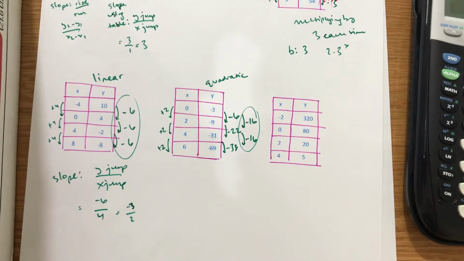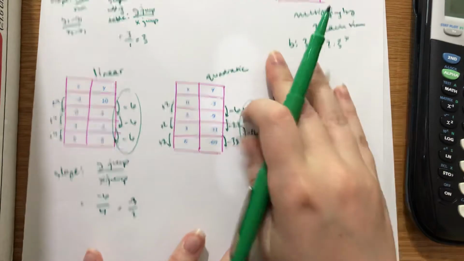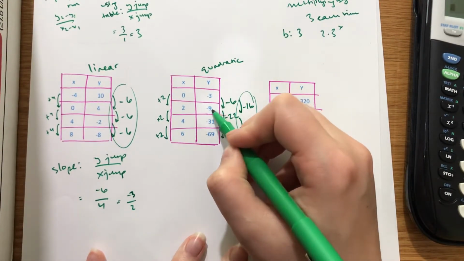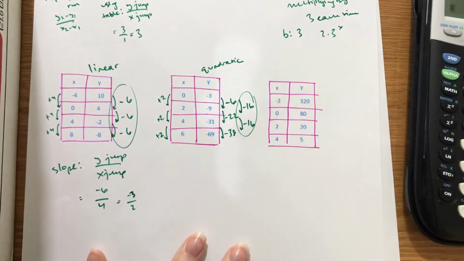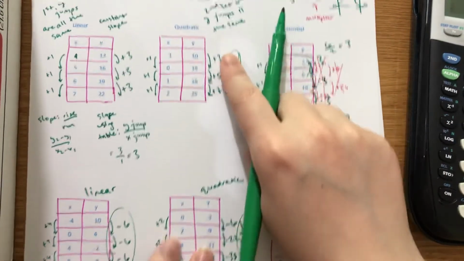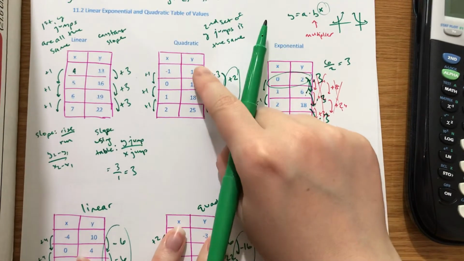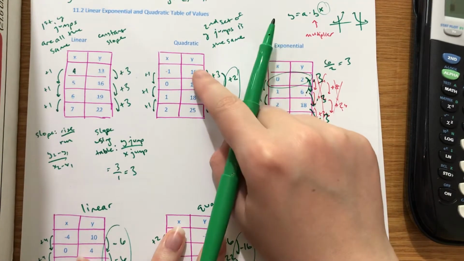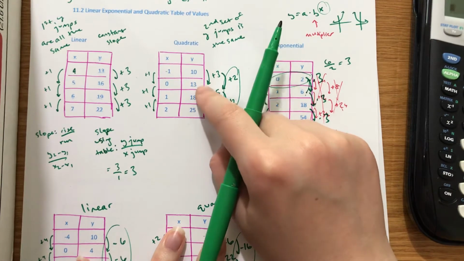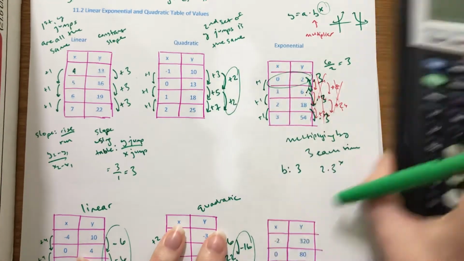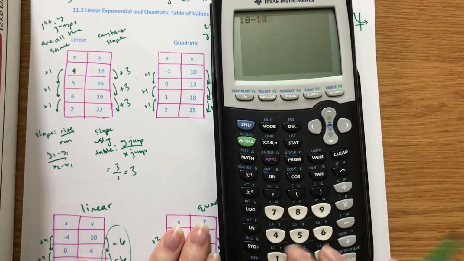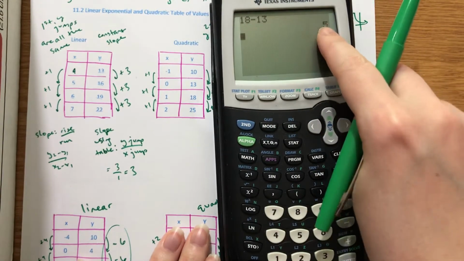So I just want to focus on the negatives again real quick for this one. To figure out -3 minus what gives you -9, -6. Remember, you can work backwards. So just like up here, to figure out that it's adding 3 each time, we did 13 minus 10, so 13 minus 10 is 3. To figure out the next jump, you could have done 18 minus 13 and gotten 5.